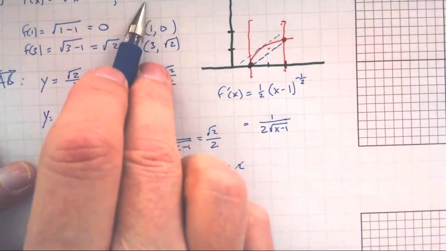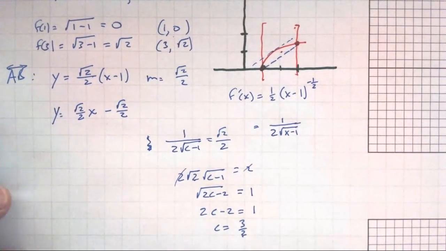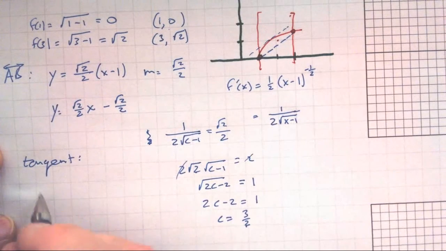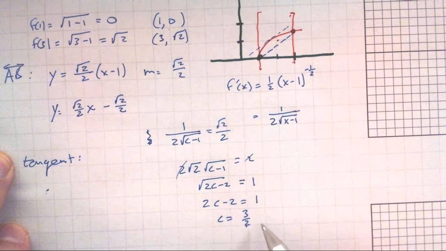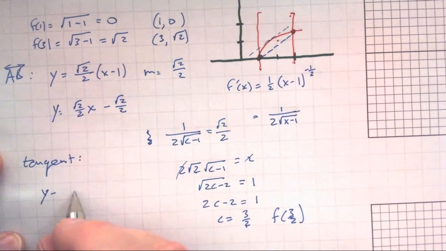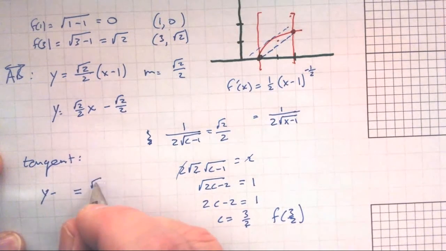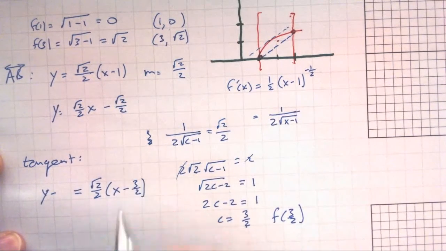Double check, make sure that's in that interval, and 3/2 is in the interval from 1 to 3. So my tangent line would be defined when c is 3/2. I just need f of 3/2, because it's going to be y minus something equals, I'm going to have the same slope, root 2 on 2 times x minus 3/2.